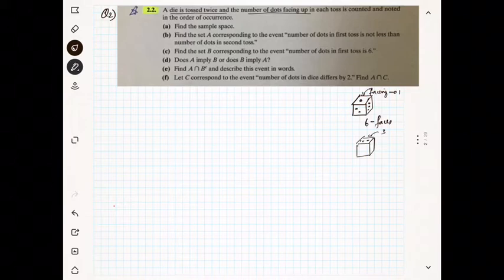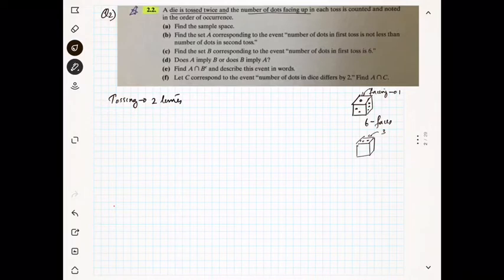You are tossing it 2 times. So what will be the sample space? That is the main thing. The first part is the sample space.